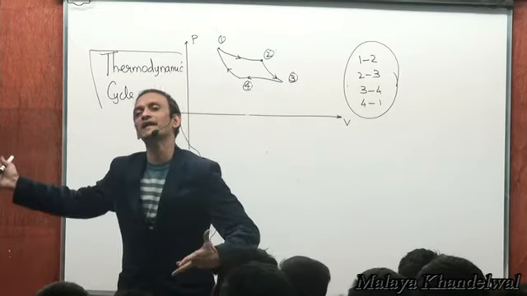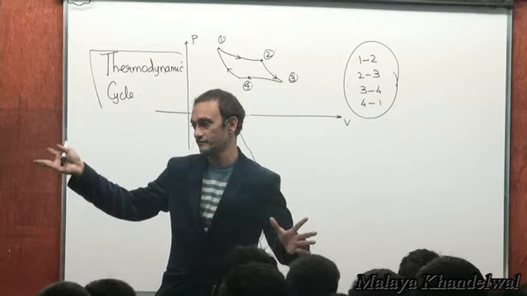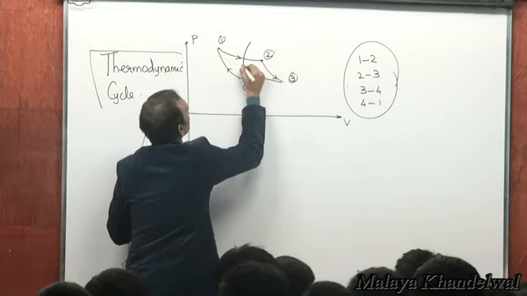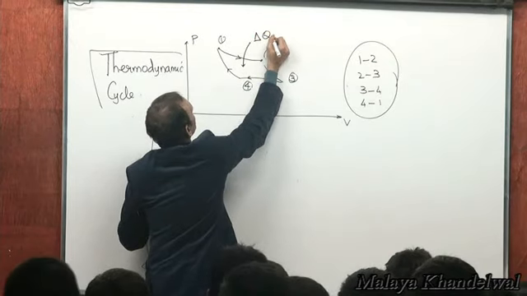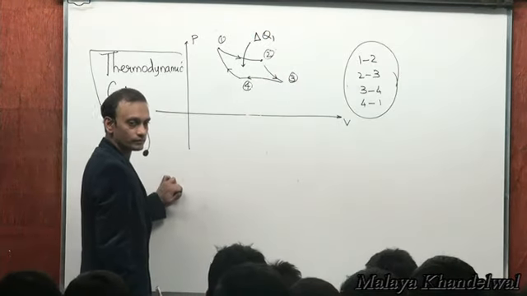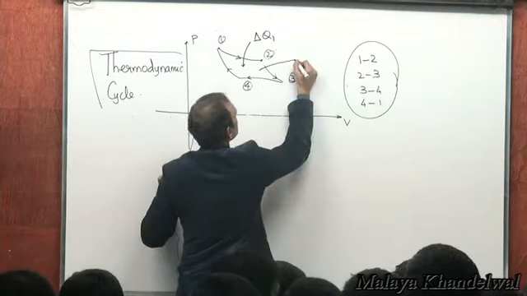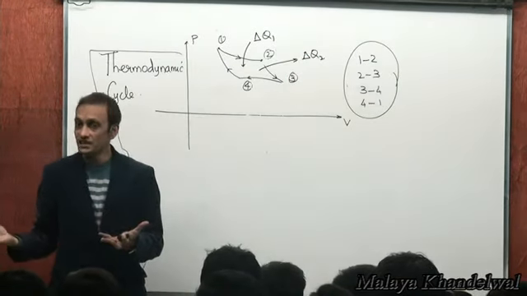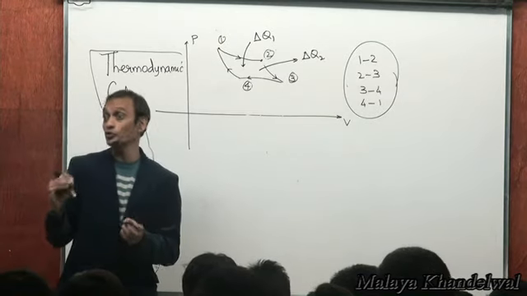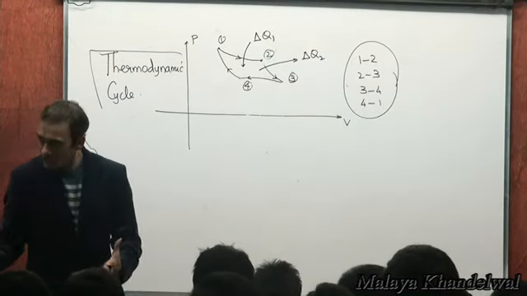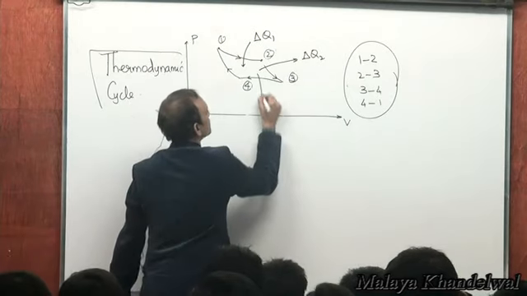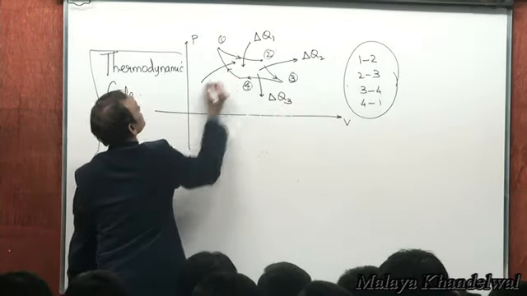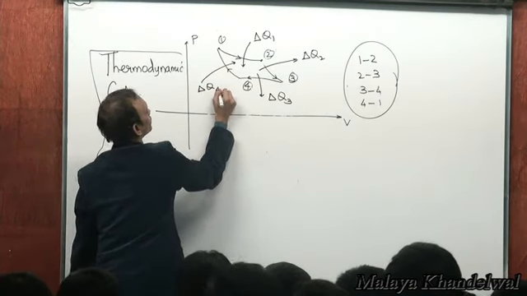When rejected, that delta Q is negative, right? So let's say in this process, heat delta Q1 is involved. In this process, let's say delta Q2, that's heat rejected. That means delta Q2 would be a negative number. Say this is heat rejected, delta Q3, and say this is heat absorbed, delta Q4.